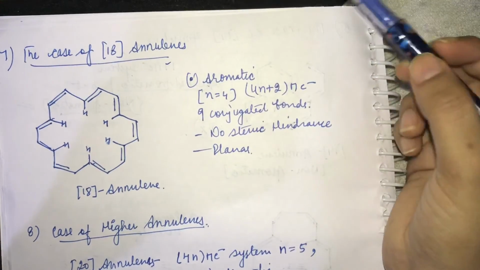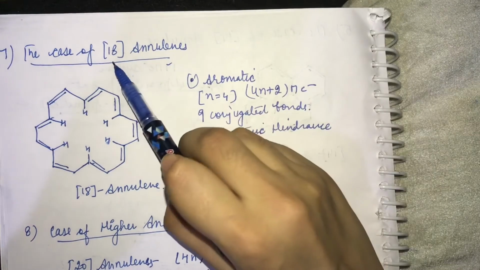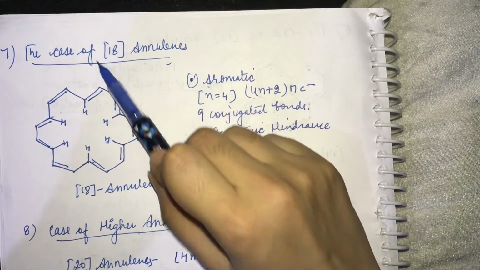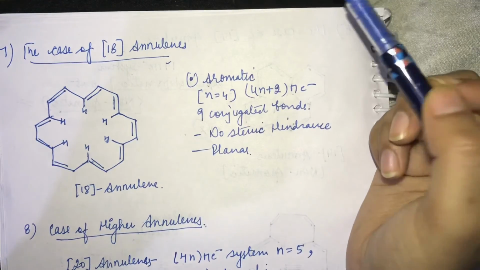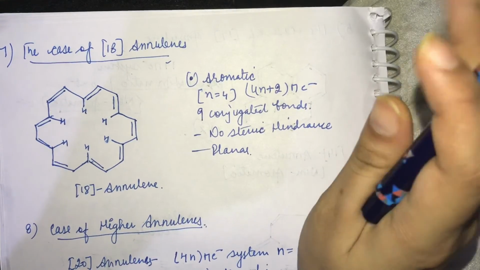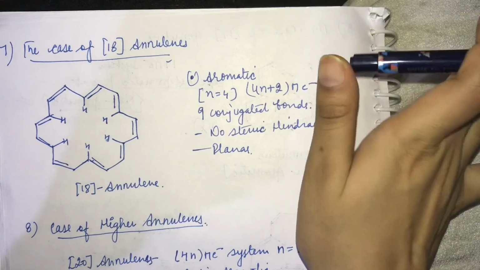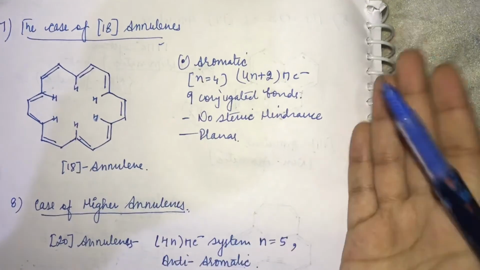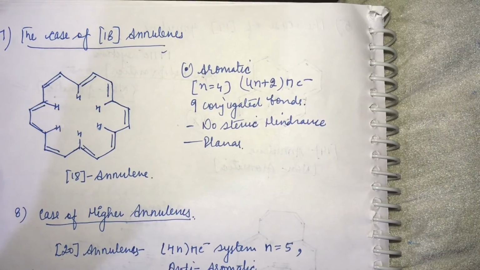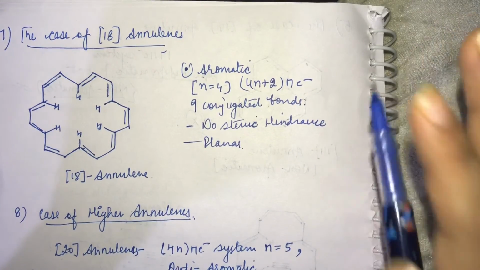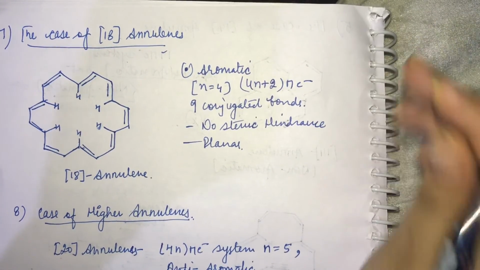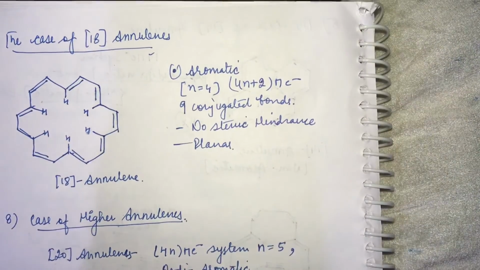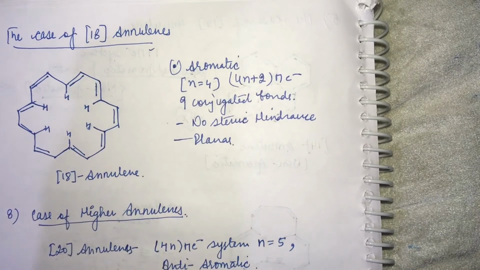We can say that this is aromatic in nature. Since it has 18 pi electron delocalization, it automatically becomes aromatic. This is also planar. It is cyclic, planar, has conjugation, and 18 pi electrons are present, so automatically this will be an aromatic system, since no steric hydrogen is present here.